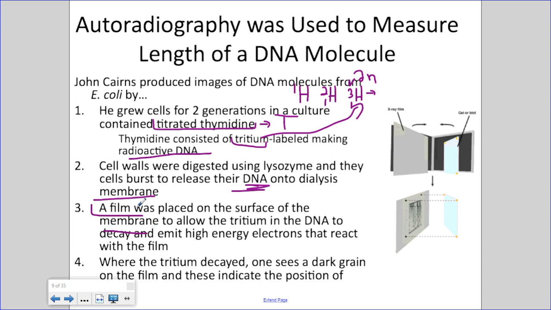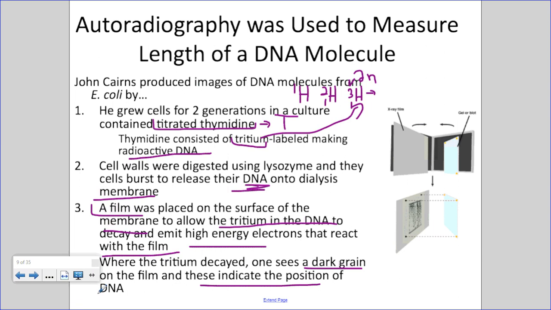It's like camera film that turns black if exposed to light or radiation. The film was placed on the surface of the membrane to allow the tritium in the DNA to decay and emit high energy electrons that react with the film. Where the tritium decayed, one will see a dark grain on the film, and this indicates the position of the DNA.